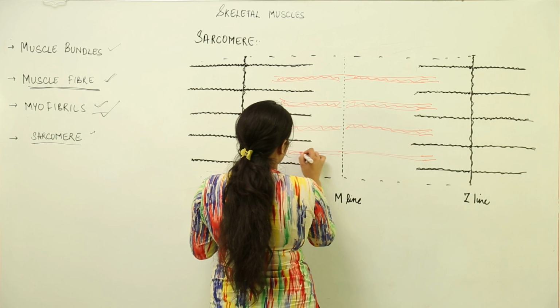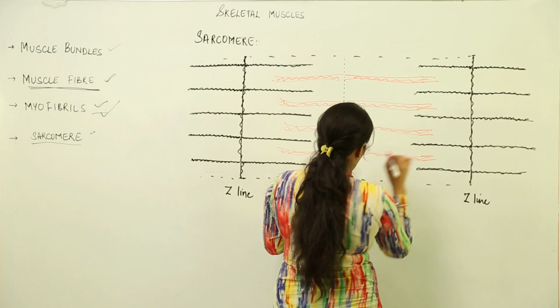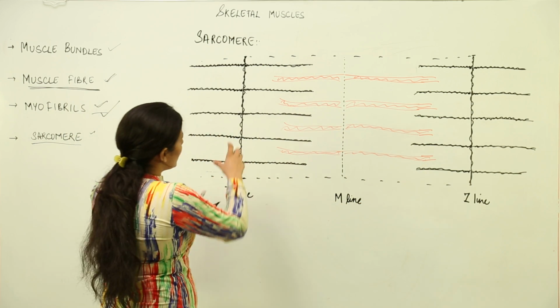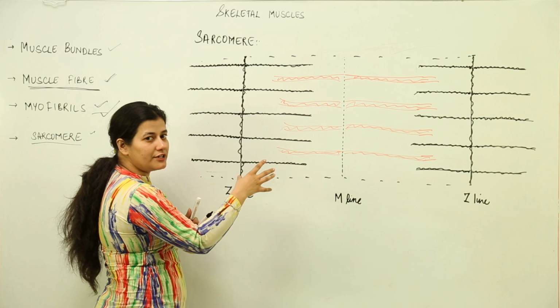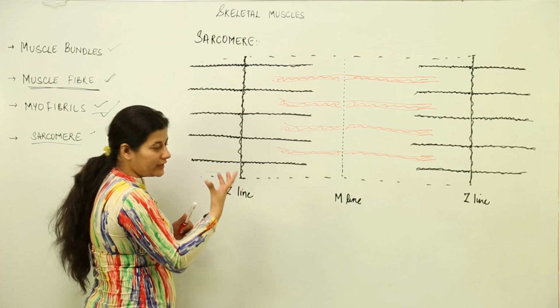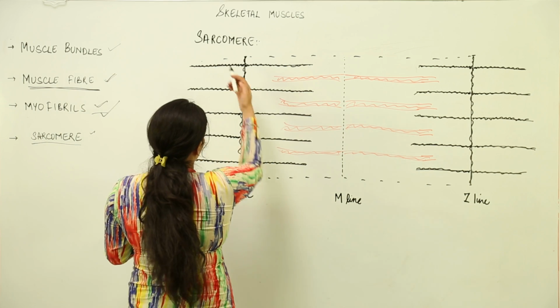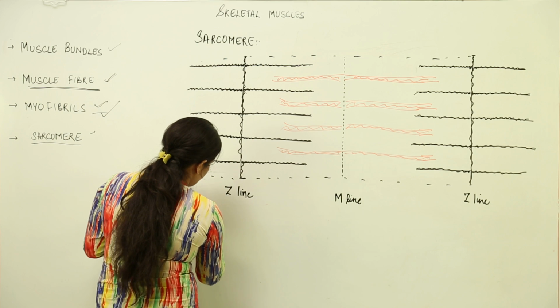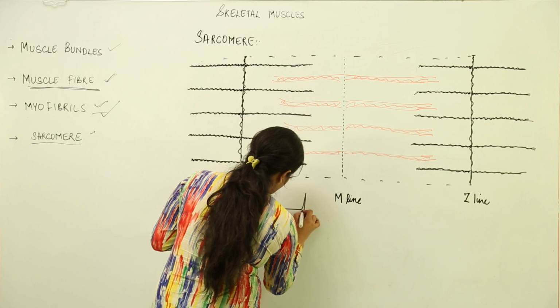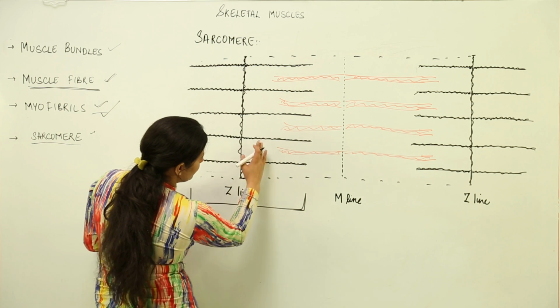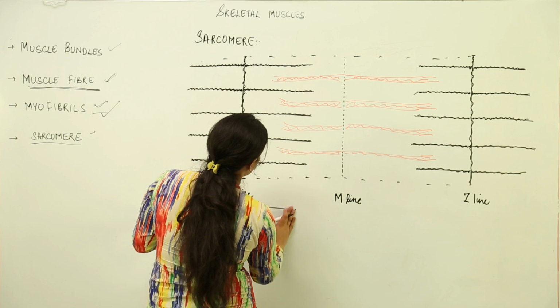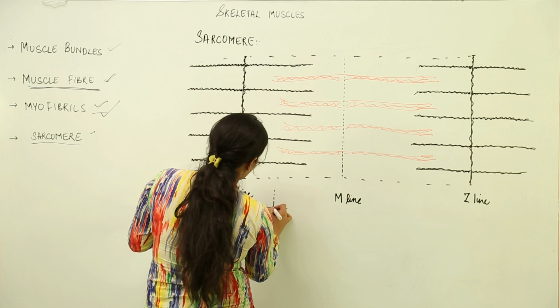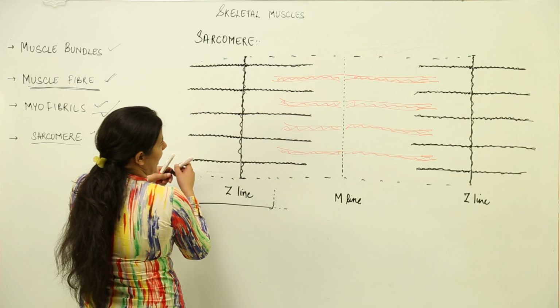Okay, now see this. Because we discussed that actin filaments are isotropic and light, this particular part is the part which does not have myosin present, the part which has only actin.